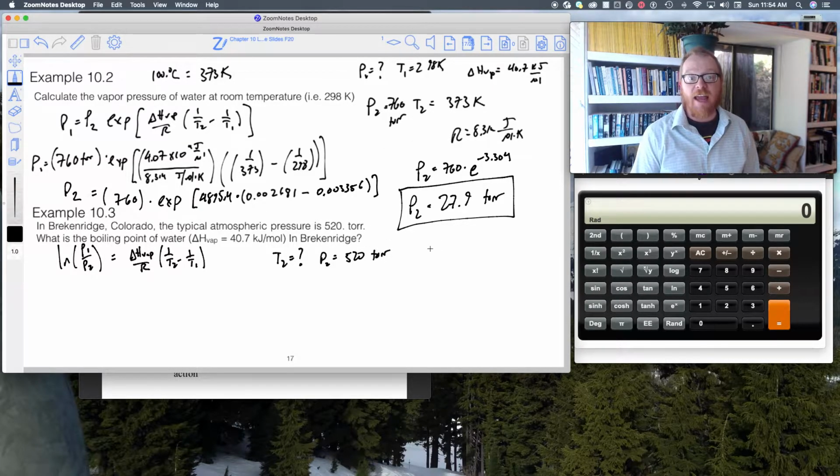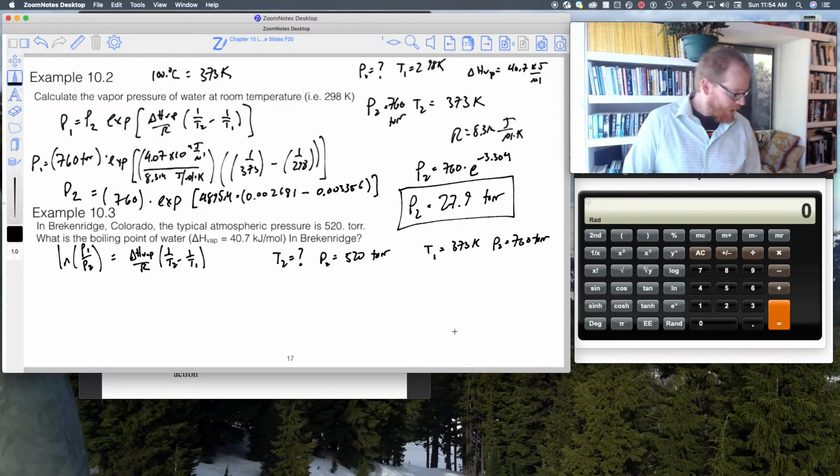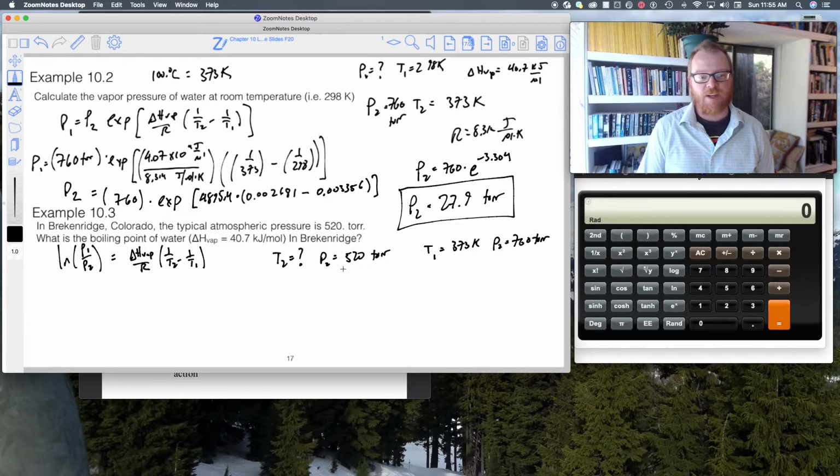I'm going to pick the same boiling point situation that I picked last time. I'm going to call T1 373 Kelvin and P1 760 torr. Okay? And I know that my delta H is the same and my R is the same. And you'll see why I picked these numbers for 1 and 2, because it's going to make it easier to solve.